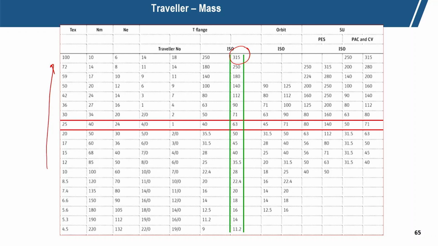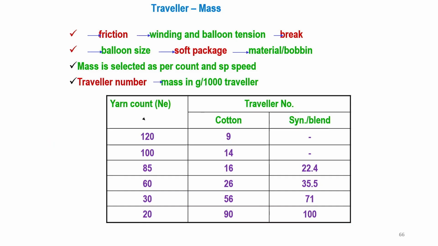So, we use the heavier traveller, and when we go to very fine yarn, the traveller mass will be low. Now, you can see if the traveller mass increases, it increases the friction, and so the winding and balloon tension also increases, which increases the breakage.